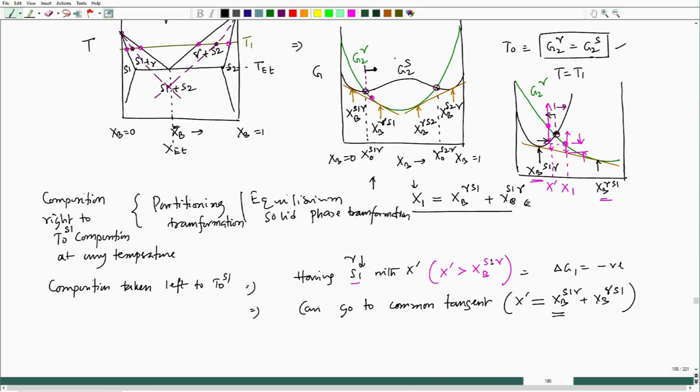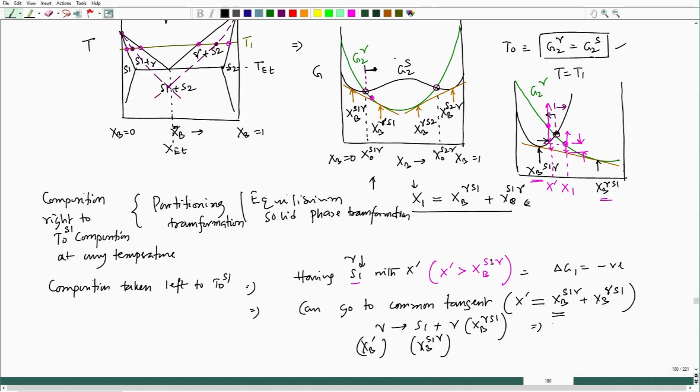So, here we have long range diffusion. Here also, if I look at the gamma to S1 plus gamma transformation, with XB of gamma in equilibrium with S1, and here XB of S1 in equilibrium with gamma, and here the composition is x prime. Okay.